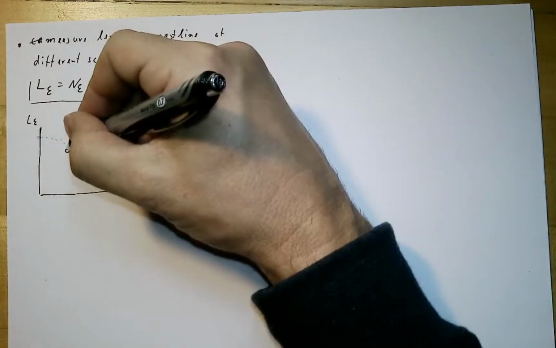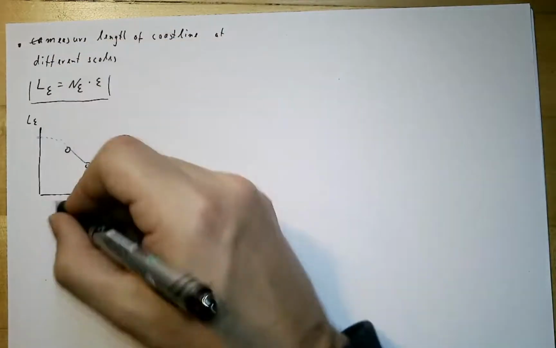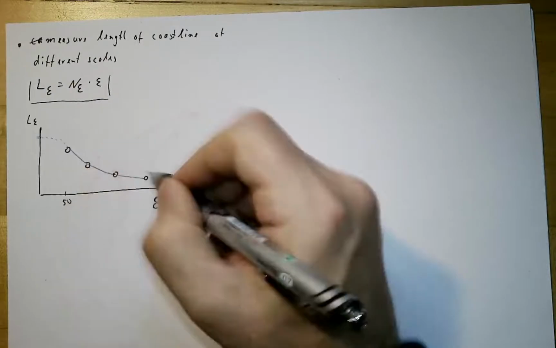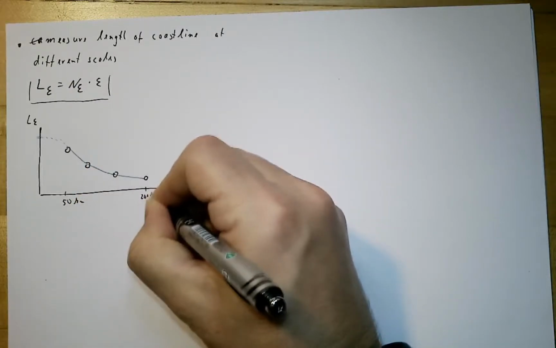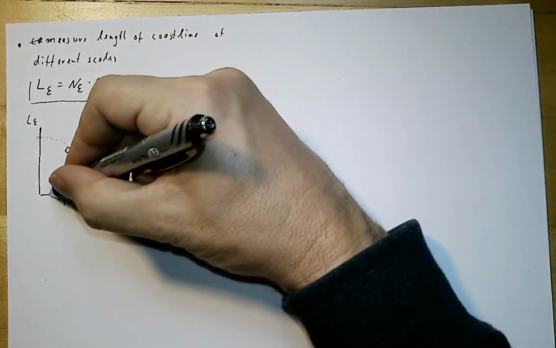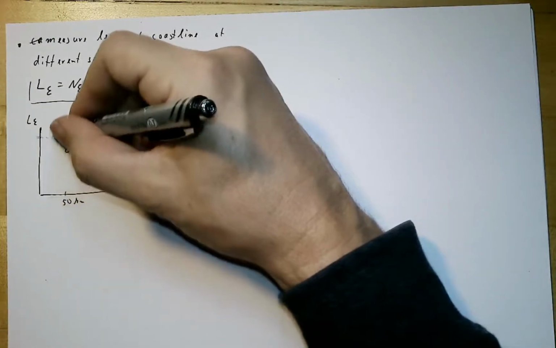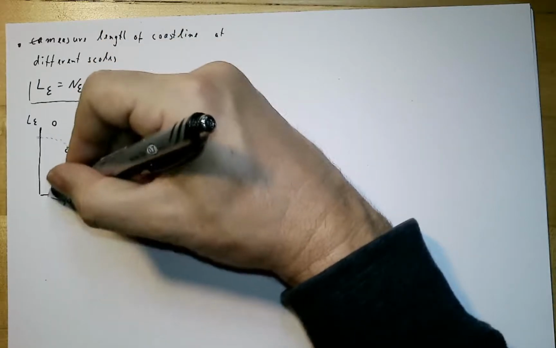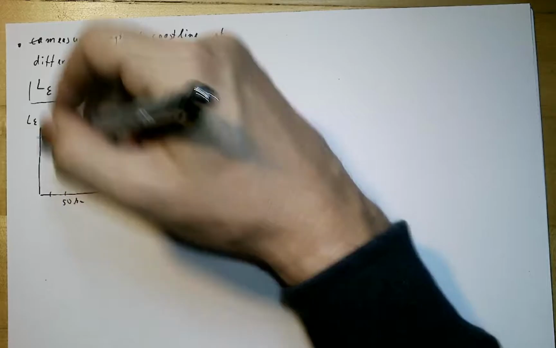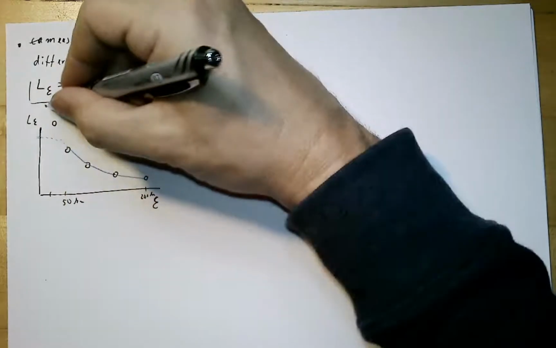But then, if we take not only 50 kilometers, this was here the 50 kilometer, and this 200 kilometer, now let's take 25 kilometers. It turned out, oh, the length is like this. And if we now take a smaller scale, let's say 10 kilometers, the length is even larger.